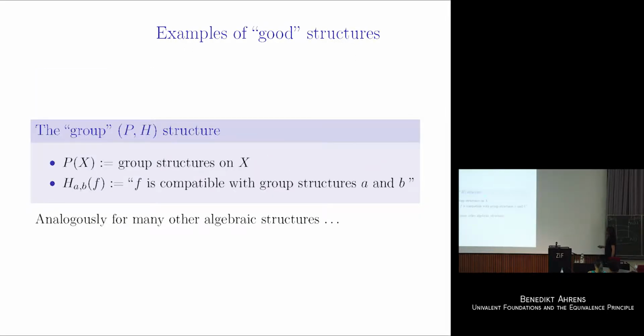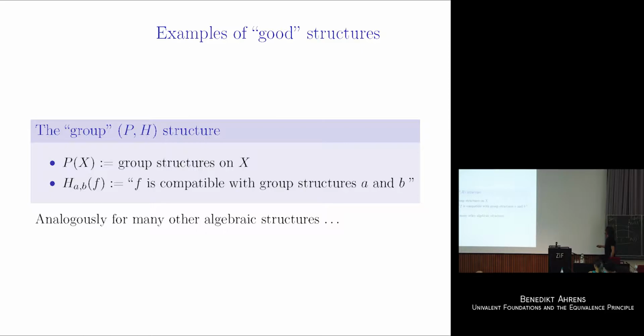For instance, it might have been obvious by now that we can define a group PH structure, which is given by the type P of X, where X is a set.